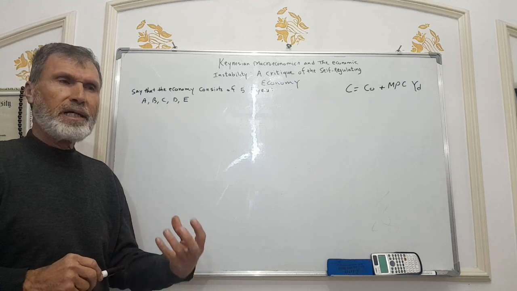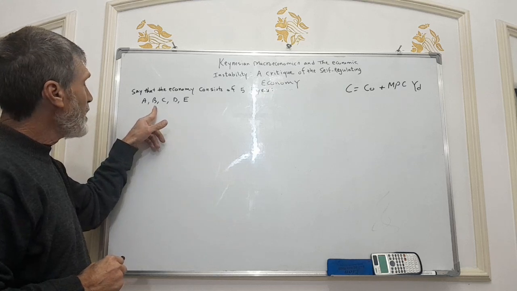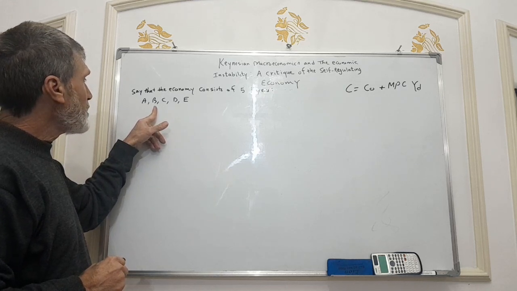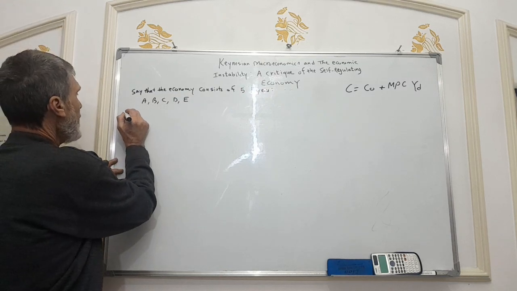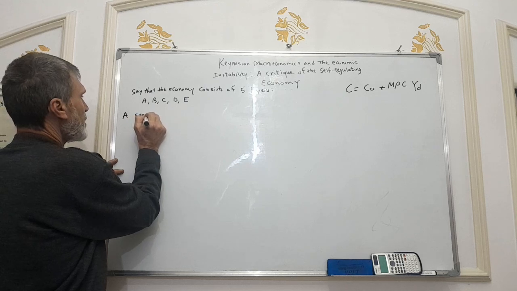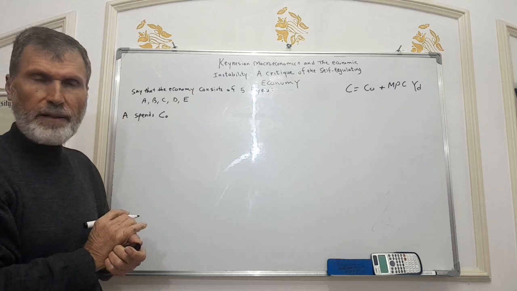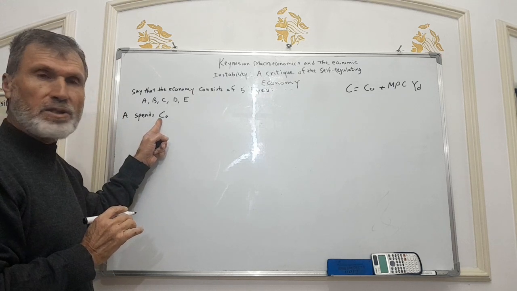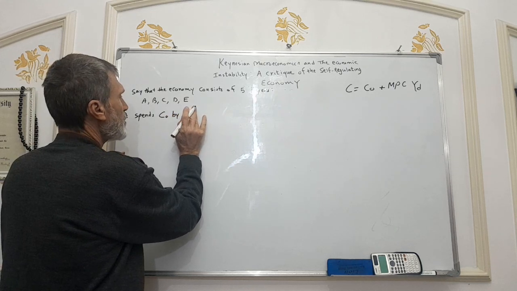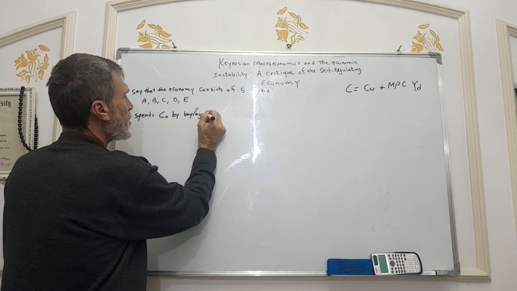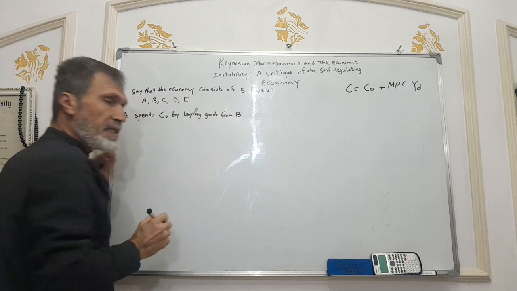Okay, he consumes from individual B the amount of some goods by the amount of C0. In other words, A spends C0, the autonomous spending, by buying goods from B. B is an individual, okay?